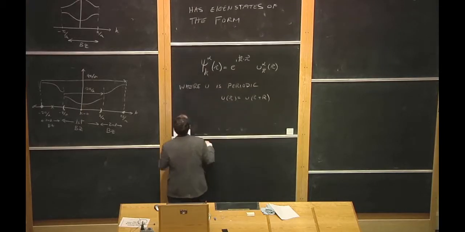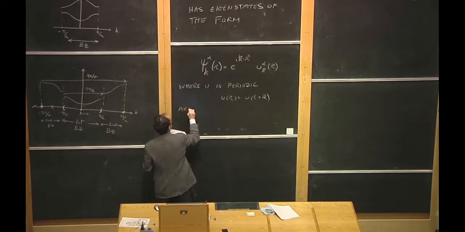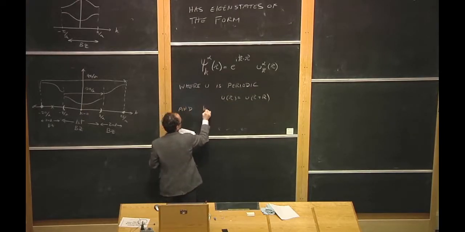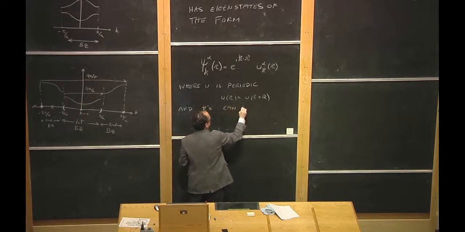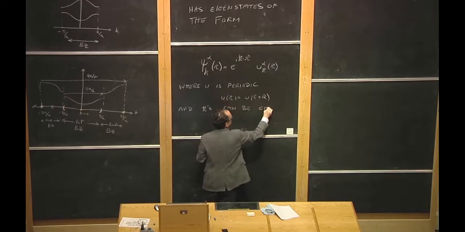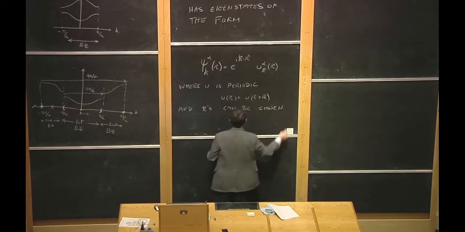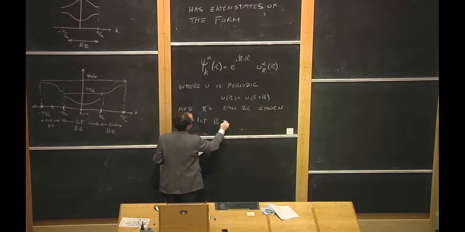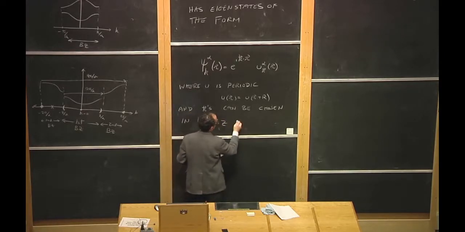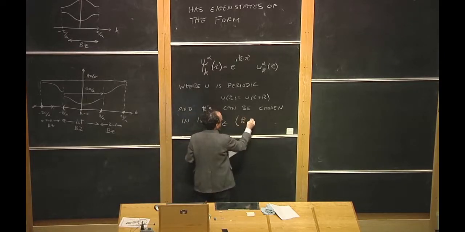And k can be chosen in the first Brillouin zone. In other words, k is the crystal momentum, the crystal wave vector.